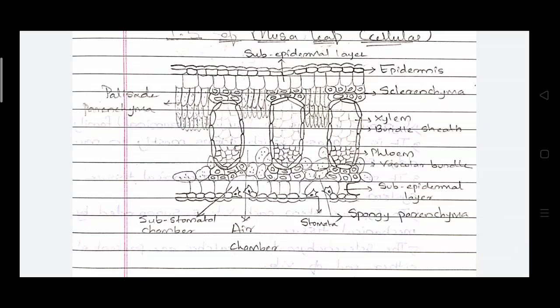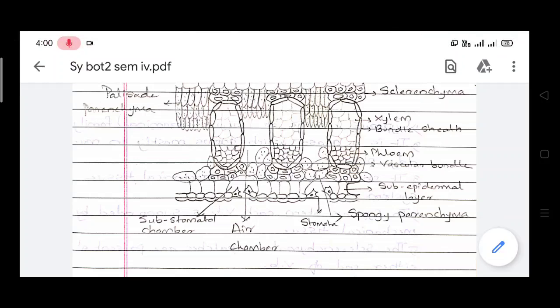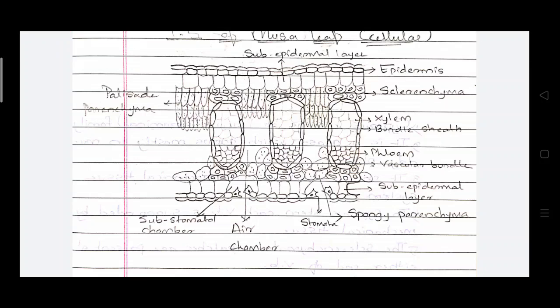On the lower epidermis there is the substomatal chamber, air chambers are also there, and this layer is interrupted by these stomata. Also, in between these vascular bundles, some spongy parenchyma cells are there. So, this is the cellular representation of the musa leaf.